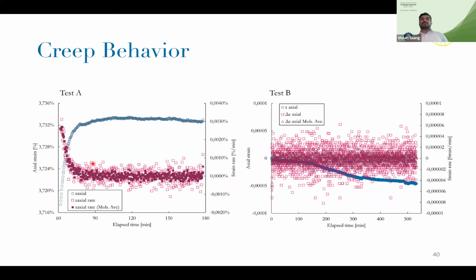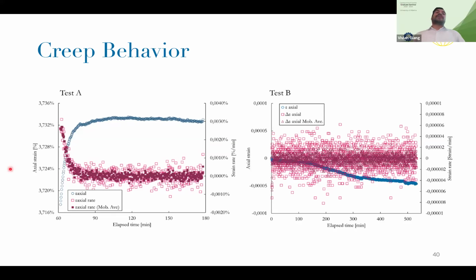Yeah, for sure. So for those of you online or here that are not familiar with how a creep test works, there are two ways to understand creep. One is in an odometer. You place your sample or your rock in an odometer, you apply a force and you wait forever.